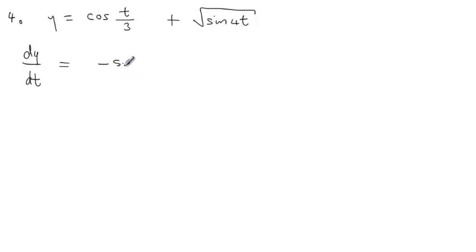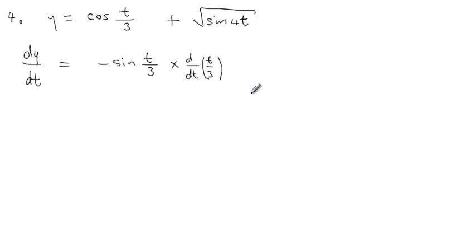Minus sine t over 3, multiplied by the derivative with respect to t of t over 3. Okay?